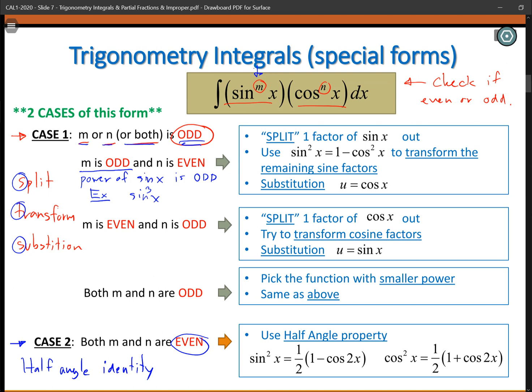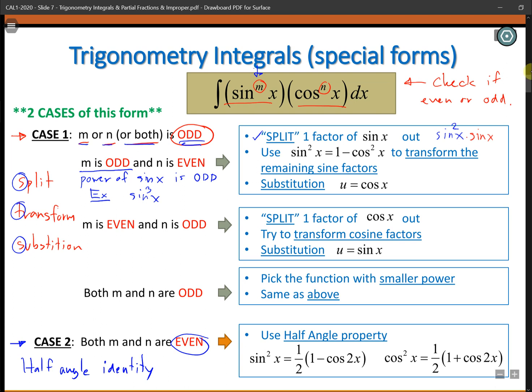The first thing we are going to do here is split one factor of sine out. And of course, for the rest of the terms, the power becomes even because it reduces by 1, it becomes 2. That is the first thing we are going to do.